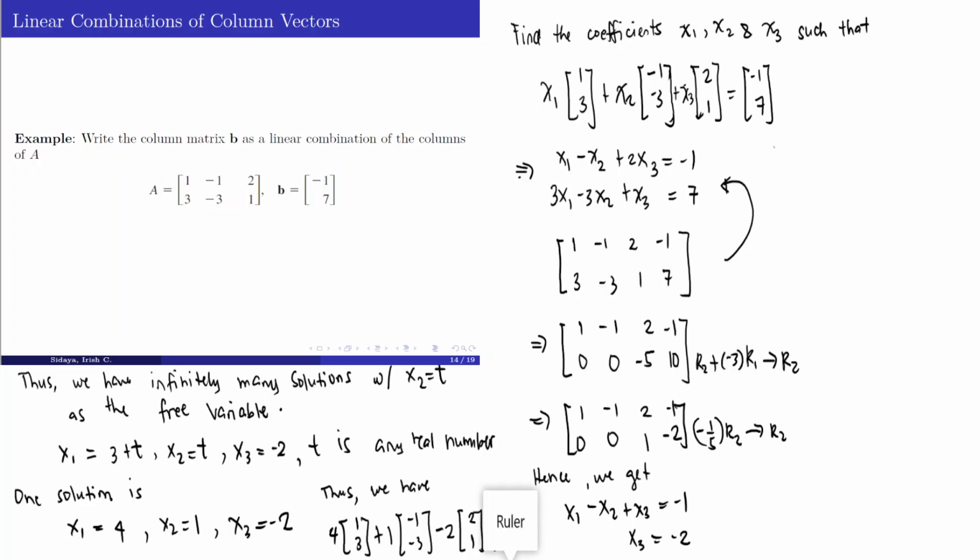So we have expressed B as a linear combination of the columns of A. Okay? So you can check your answer if you got it correctly. You multiply this by 4, then minus 1, minus 4, so that's negative 1. 12 minus 3, minus 2, so therefore that is 7.